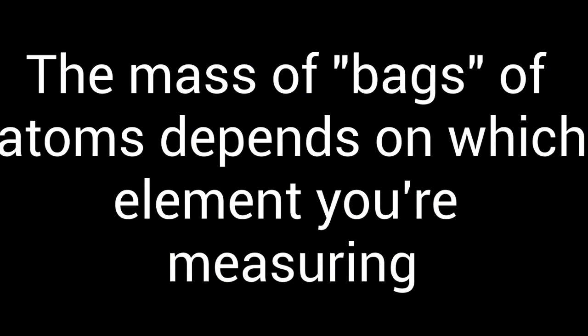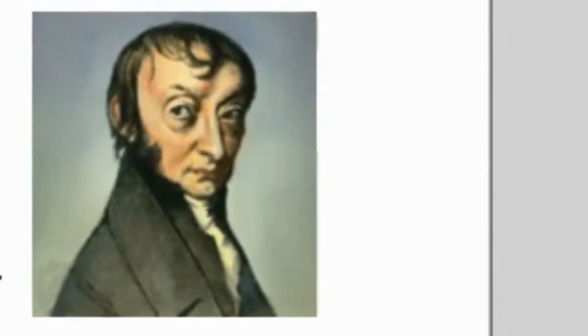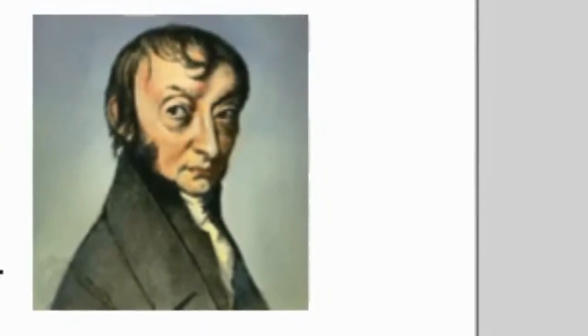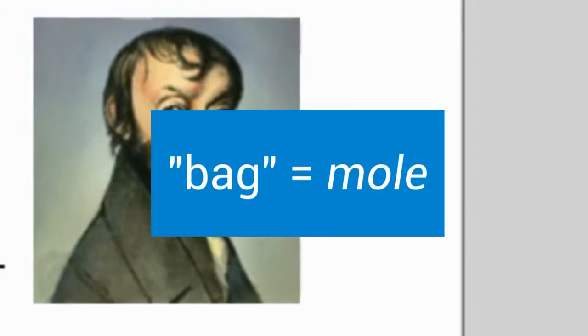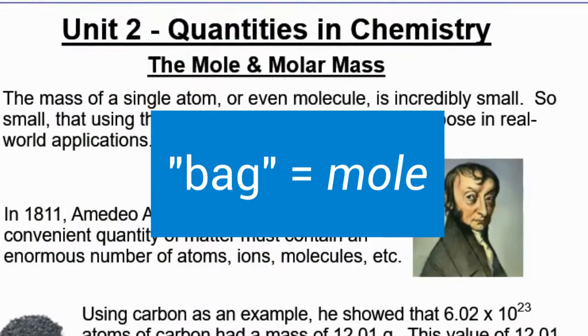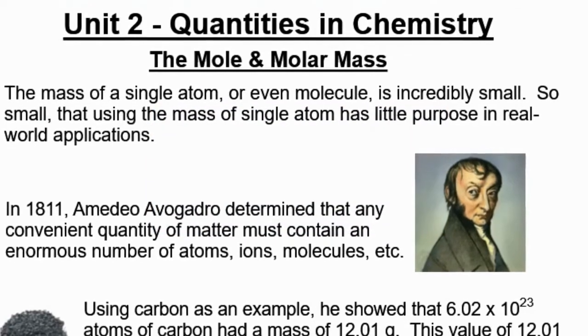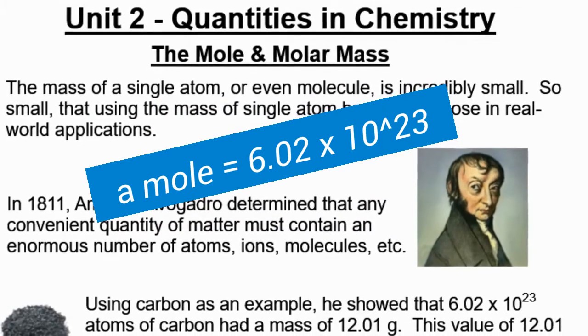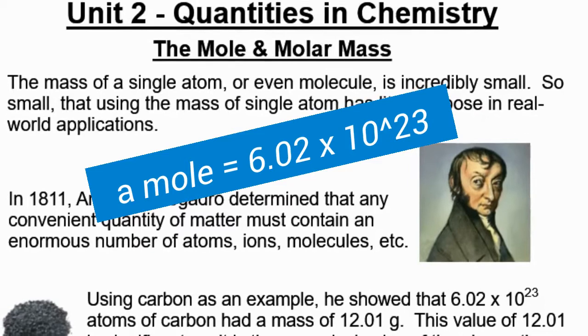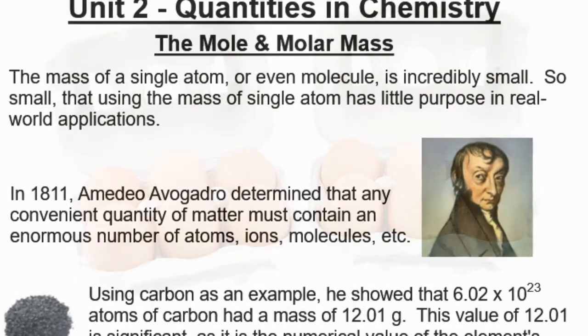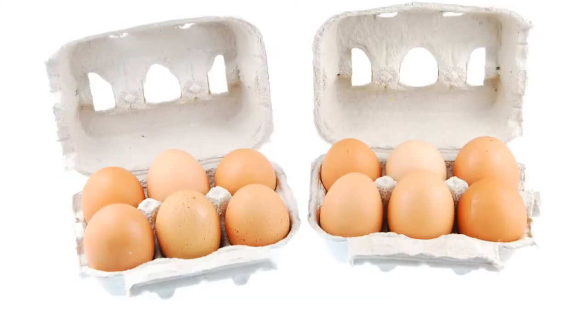In the 1800s, Amedeo Avogadro created a method of calculating the number of atoms in elements. Instead of bags, he created the term called the mole. 1 mole is equal to 6.02 times 10 to the power of 23, kind of like a dozen is equal to 12.